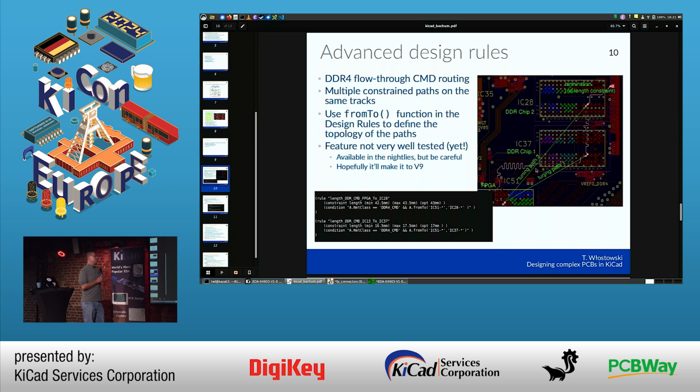The trick is to use the from-to function in the design rule language. If you imagine you want to define on the same track multiple routing paths. In our case, we have two DDR4 chips, each 16 bits, connected to the FPGA DDR controller, but we need to constrain two paths for the CMD because these are routed in a flow-through topology. So one address or command pin is driving multiple address or command pins in different chips.